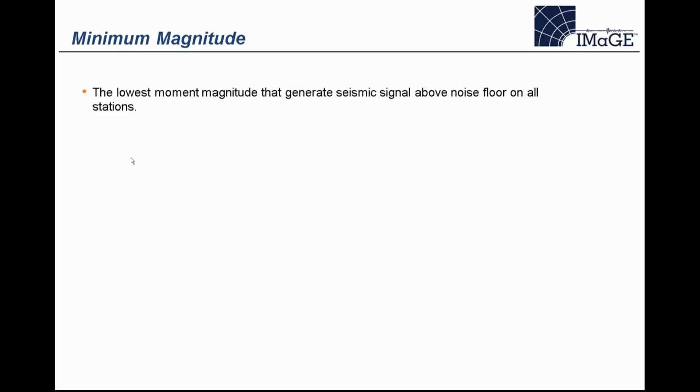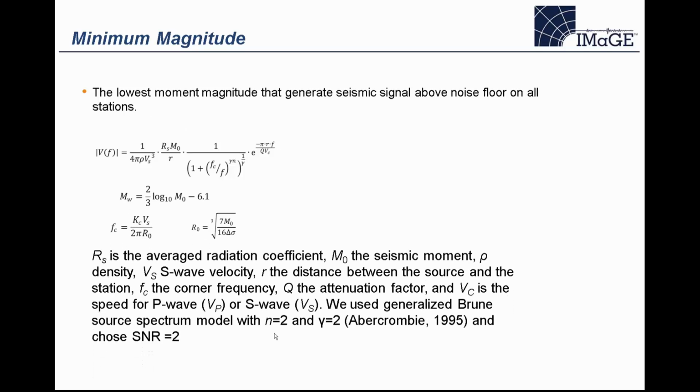So the first step is, now we have the acquisition geometries, can we evaluate how sensitive this network is? So we use the lowest moment magnitude that can generate a seismic signal above the noise floor. This is the equation that specifies exactly how we correlate a moment magnitude to a signal amplitude at a station.